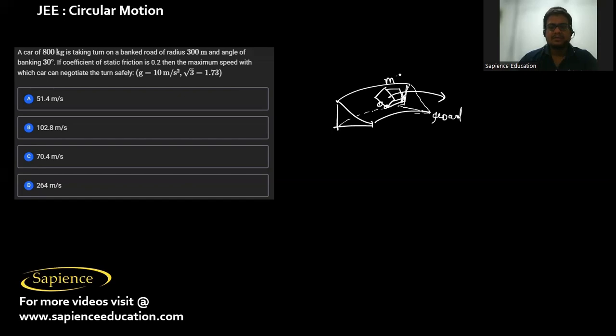The mass of the car is 800 kg, the radius of the banked road is 300 meters, and the angle of banking is 30 degrees. The coefficient of static friction mu s is 0.2. Then the maximum speed with which the car can negotiate the turn safely is.